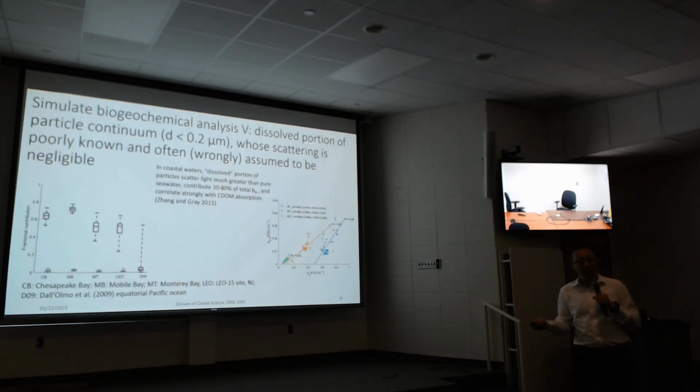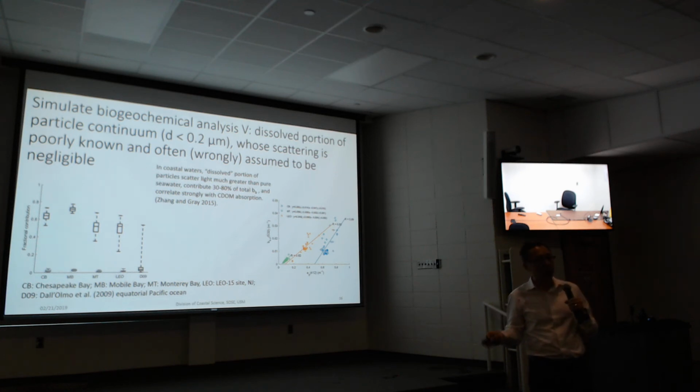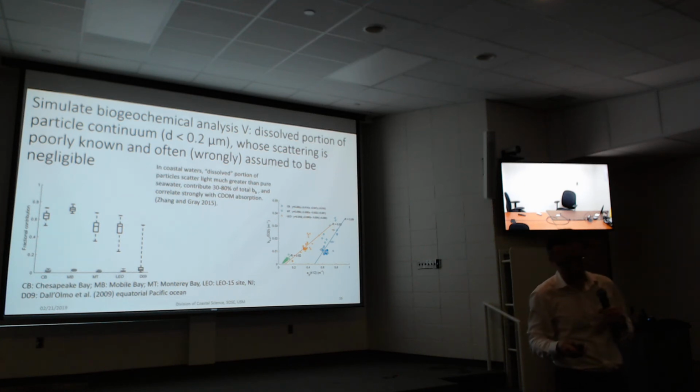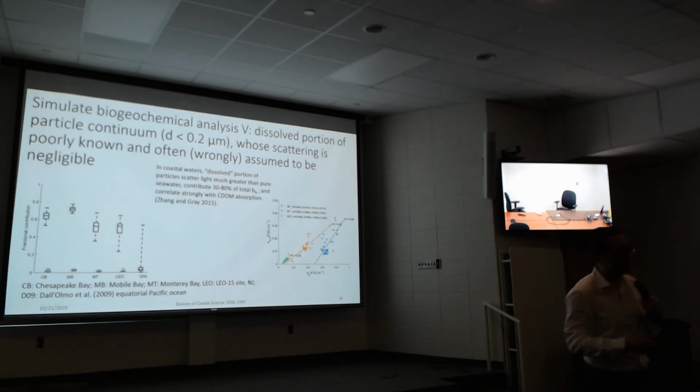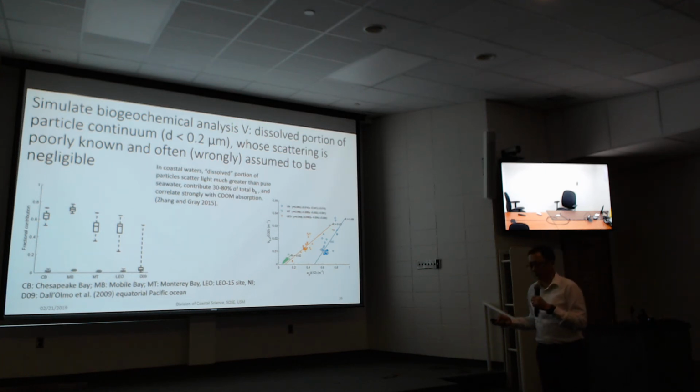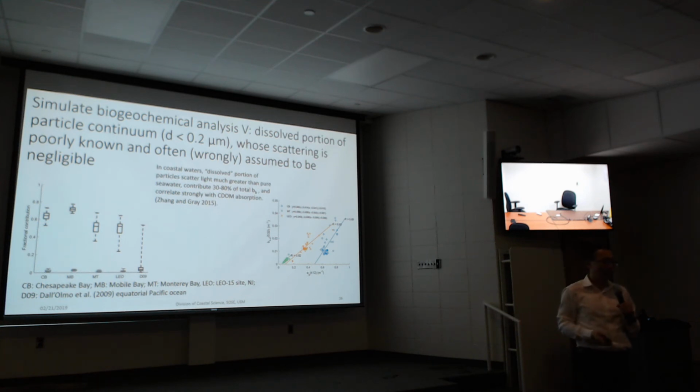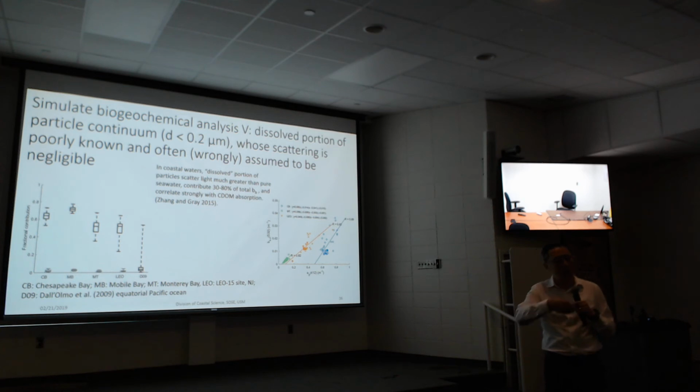So now we look at particles for which there are some ways to measure, so we can validate. We can also look at particles that there is very little way to look at. One of those is dissolved particles. How much they scatter is still debatable. Many people in our field think dissolved particles don't scatter light, or scatter very little.